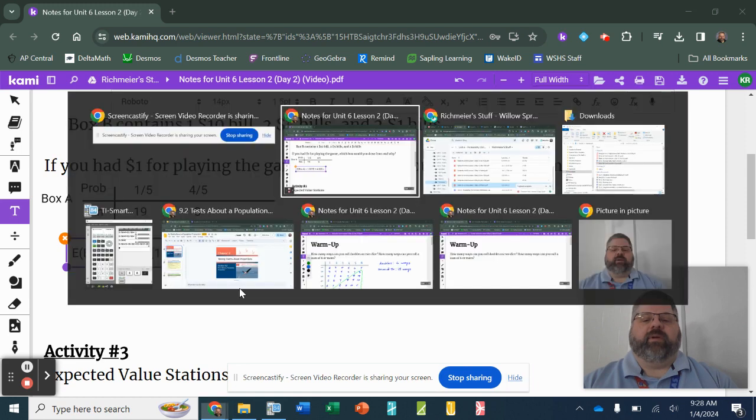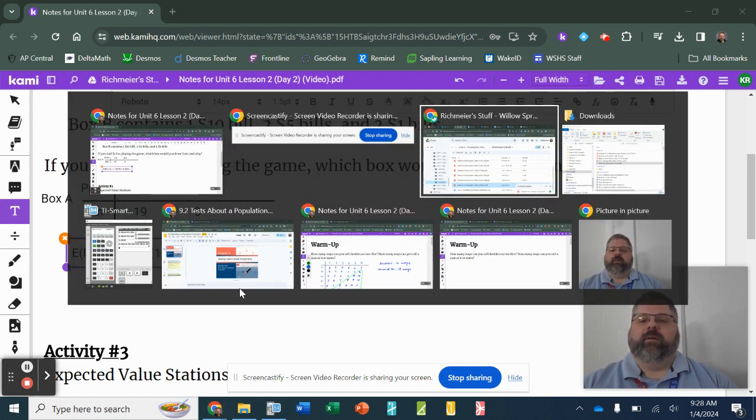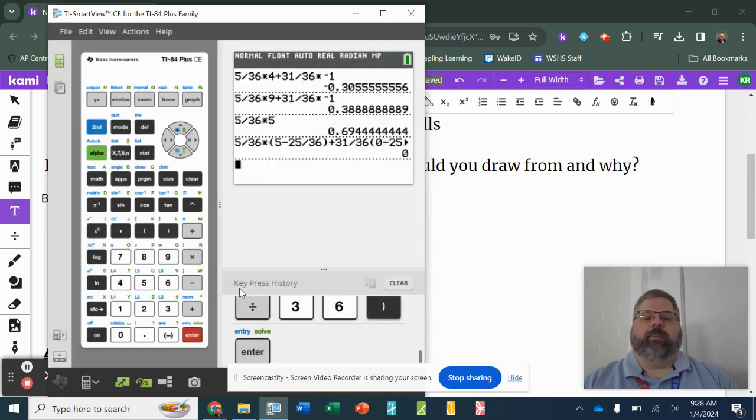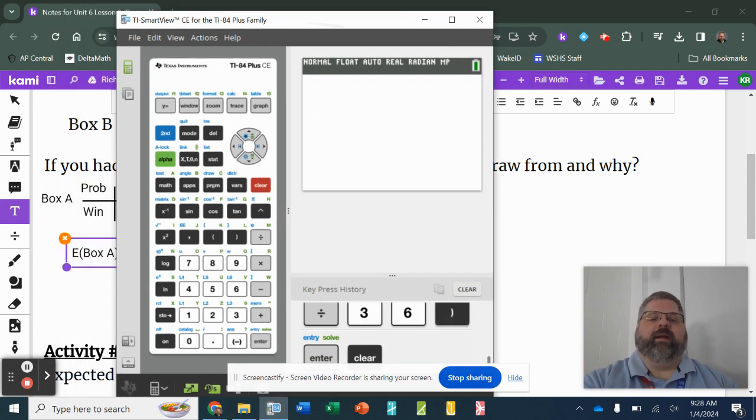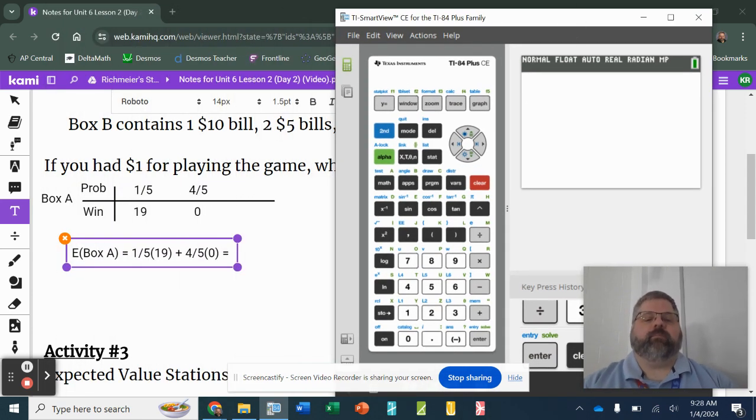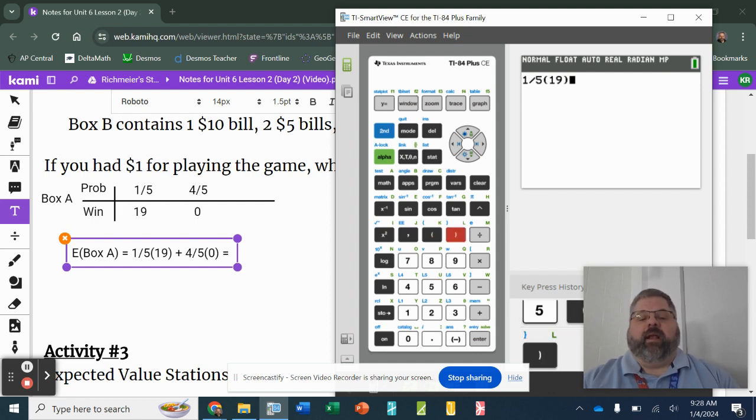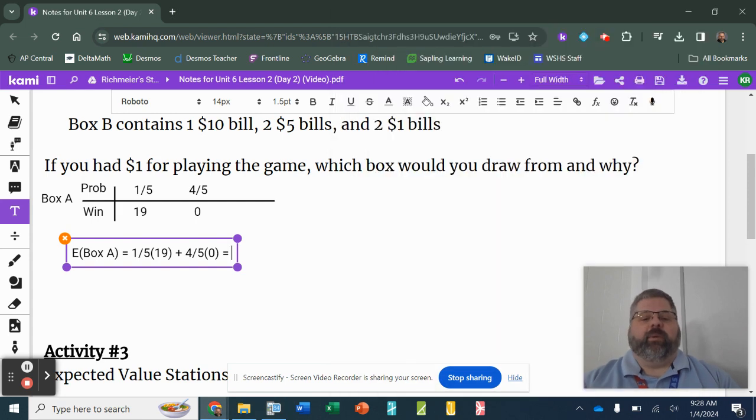And if we come over here to our calculator, 1/5 times 19, and 4/5 times 0 would just be 0, my expectation here would be $3.80. So in the long run, if I did this thousands and thousands of times, on average, if I draw from box A, I stand to win $3.80 on average per game.